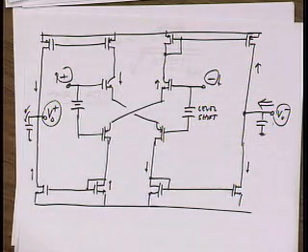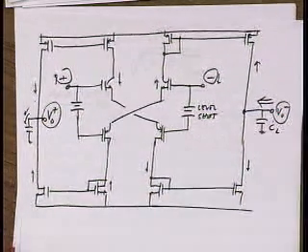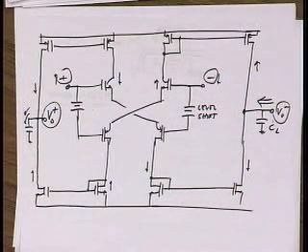How about Vikas in the back? Would the dominant pole be at the output? Yeah, that's the dominant pole, right? How about the non-dominant poles?